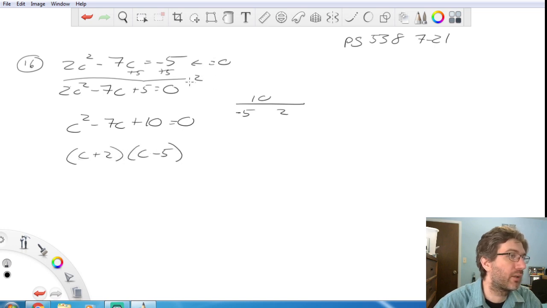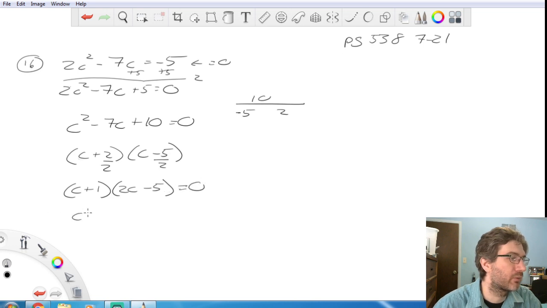And don't forget about that 2 coming in. So don't forget to divide each by 2. And you know your answers are going to be the opposite of these fractions, really. But we'll do it the long way. c plus 1 and, oh, that one doesn't reduce, so your 2 comes out front, 2c minus 5 equals 0.